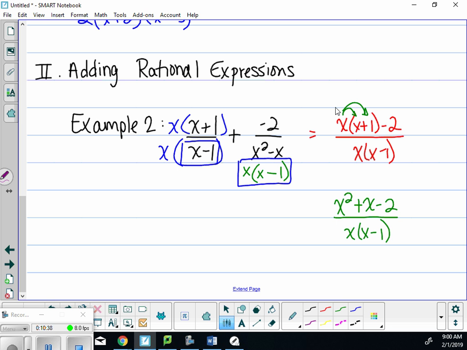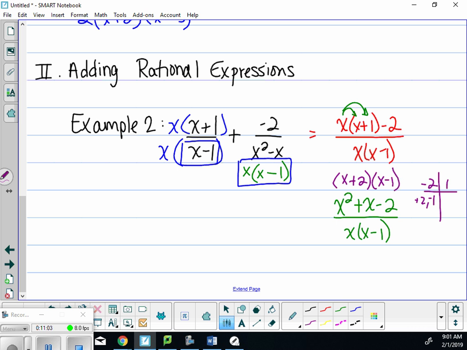Find the magic numbers that multiply to negative 2 and add to positive 1. The only numbers that multiply to 2 are 2 and 1, right? For the 1 to be positive, we would want plus 2 and minus 1. So this would be x plus 2 times x minus 1.